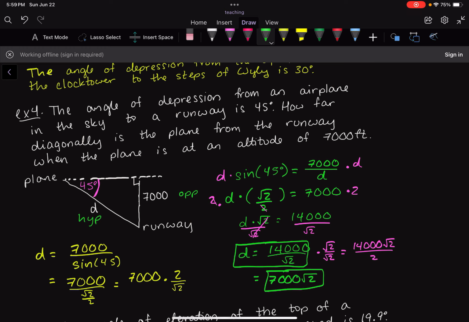And when I say no decimals, that doesn't mean plug it into your calculator and then just don't put any decimal points. It means I want the exact answer. The reason is because when you see sine of 45 degrees, we have the exact answer for it, which is root 2 over 2. So what I'm looking for is for you to keep it with the square roots.